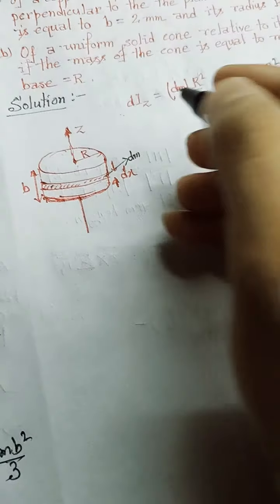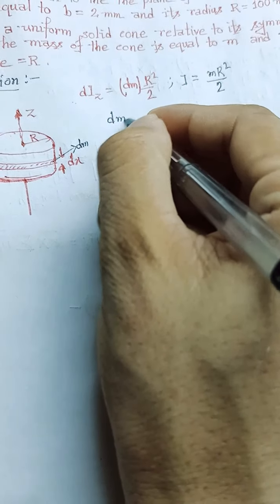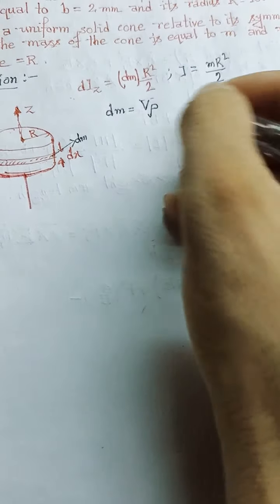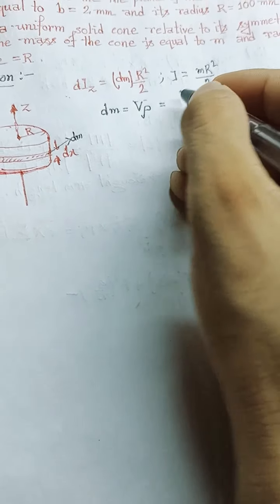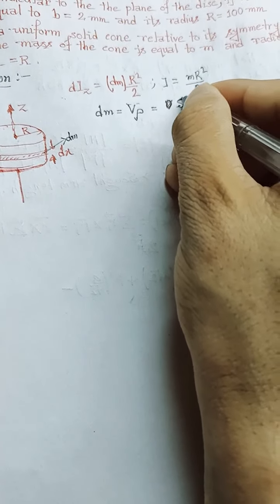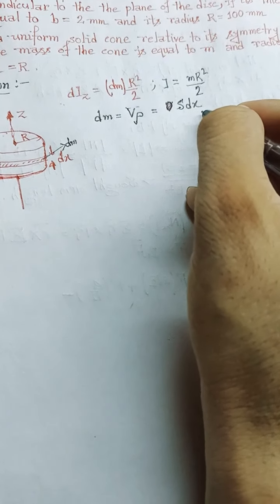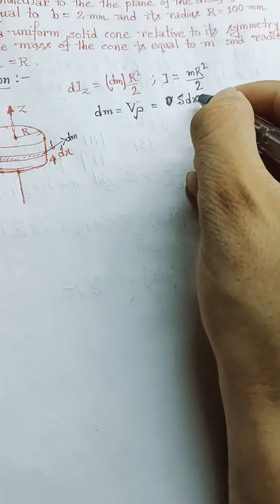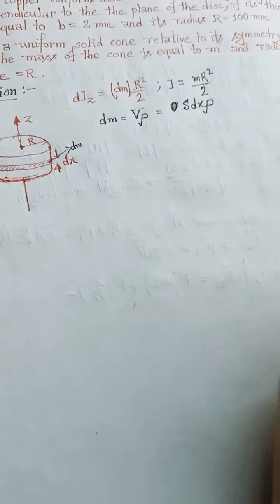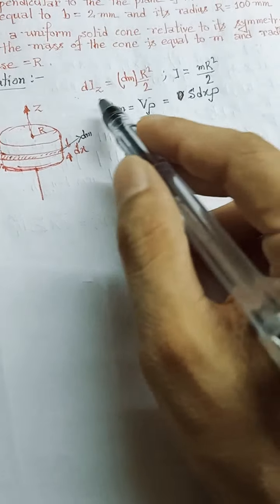So our dm will be volume into density. Our volume is equal to S into dx, where S is the area of cross section and dx is the thickness, into rho. Now we have to substitute this value of dm in this equation.